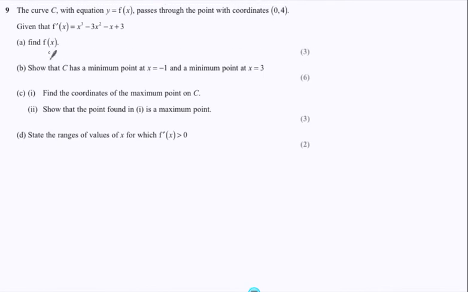Let's get started. First question, find f of x, and we have f dash, the differential, which means that we need to integrate this thing to get back. So integrate with respect to x, and all we've got to do is bump those powers and then divide by the new power.